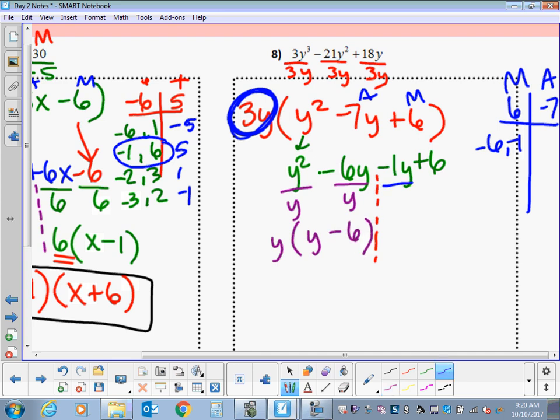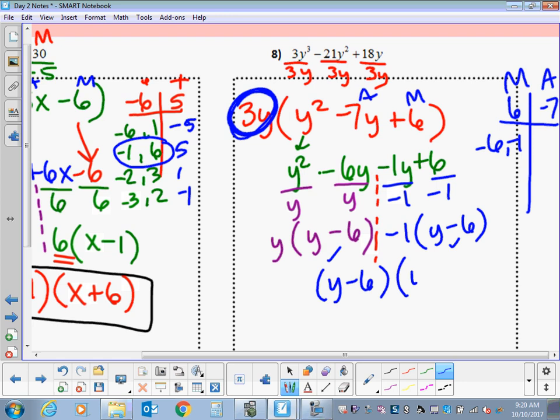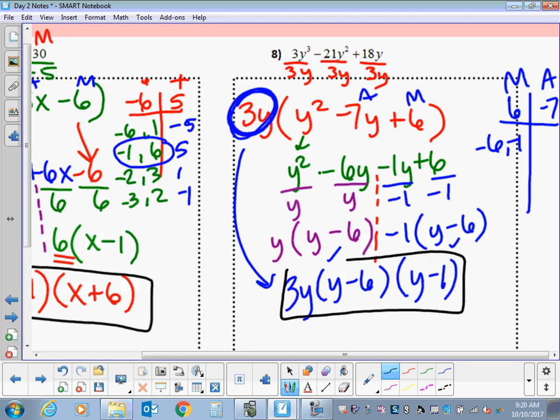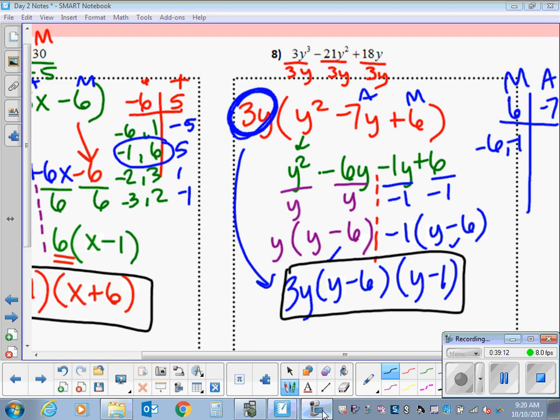On the right side, my GCF is negative 1. So I have y minus 6 left over. I have matching parentheses, so I've done it right so far. Don't forget your 3y. Your GCF comes down. That should be your answer for number 8.